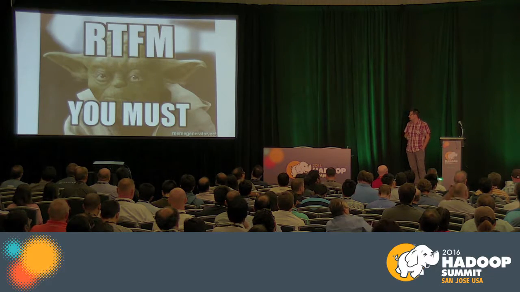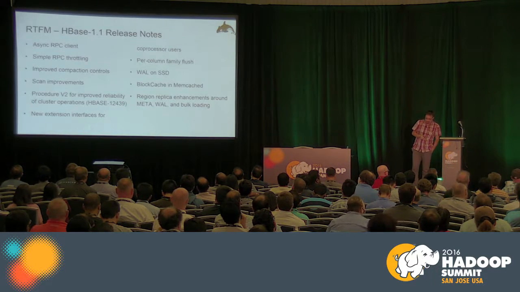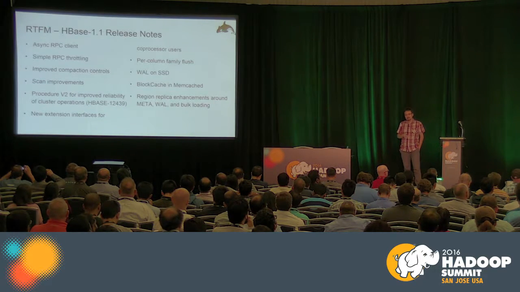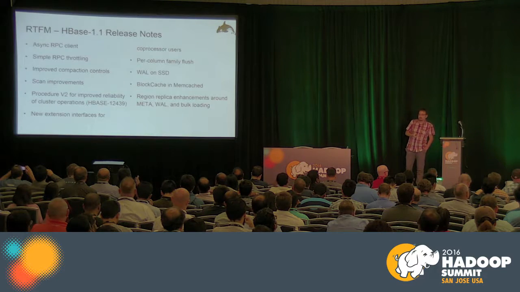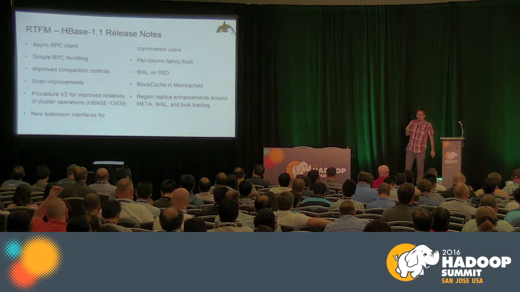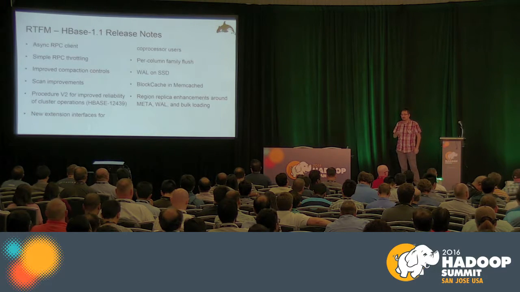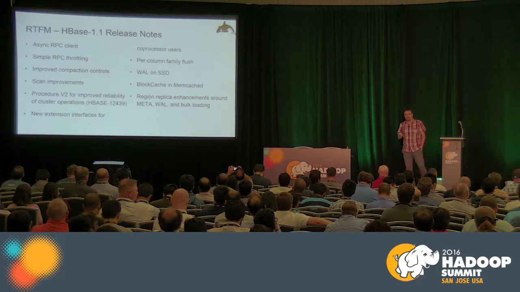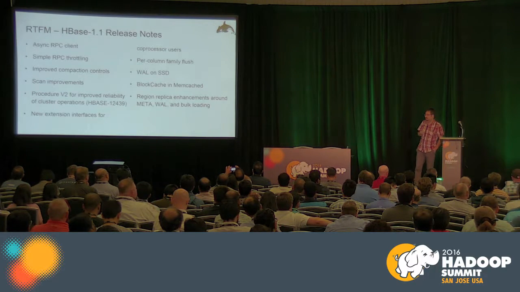All the releases come with what we call release notes. The release managers usually go over all the JIRAs for you. Typically, a release will contain 300, 400 different JIRAs if it's a minor version. If it's a patch version, it will contain 100 or so JIRAs.